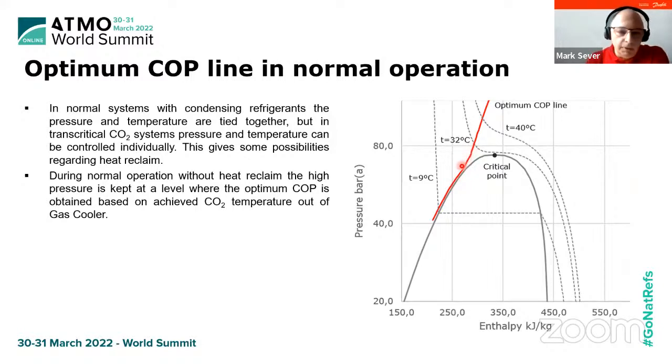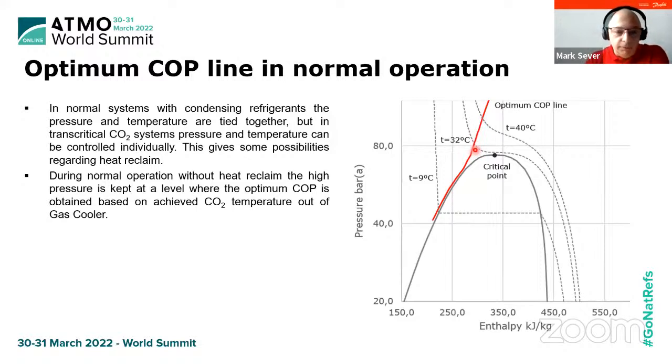If we have lower ambient conditions, we can go lower with temperature/pressure in the gas cooler. If ambient conditions are typically above 27, 28 degrees Celsius, then we reach the point where we go into the transcritical area, and then we try to manage the system on this red curve.